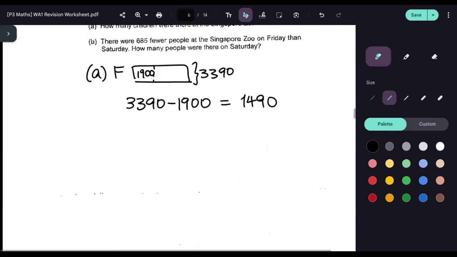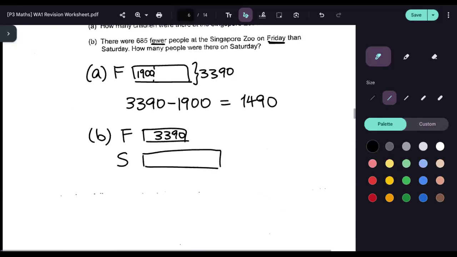Okay, now we go on to B. B you need to draw, because I don't think you all may visualize this or you all cannot see. So there were 685 people fewer at the Singapore Zoo on Friday than on Saturday. So you have 3390, right? But take note, there were fewer on Friday, so using logic, Saturday will have more or less?